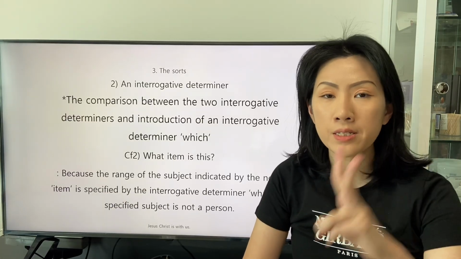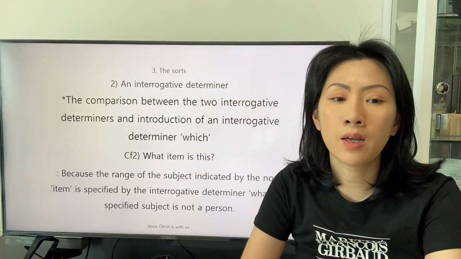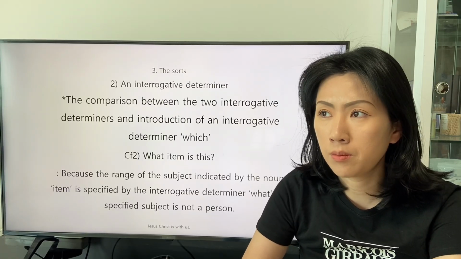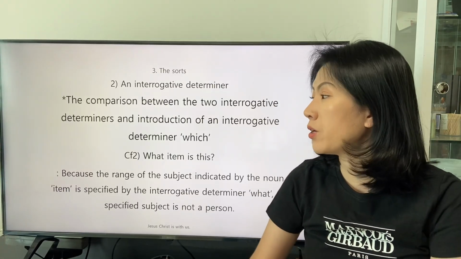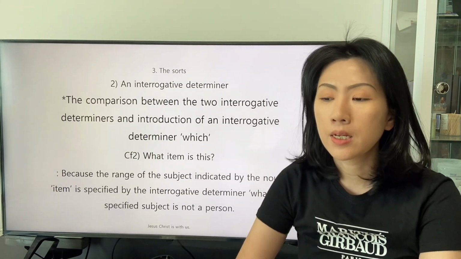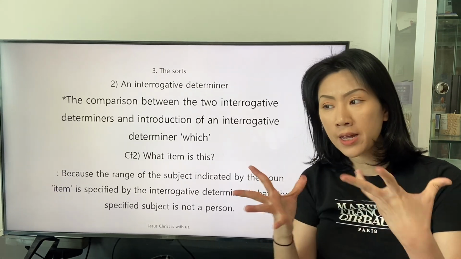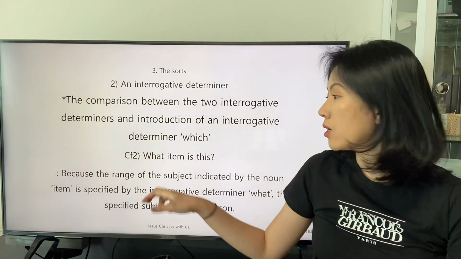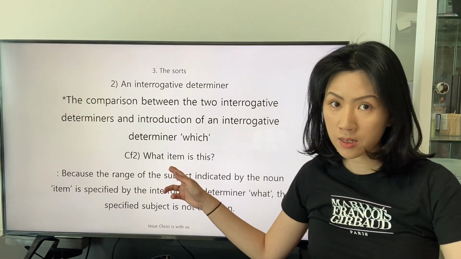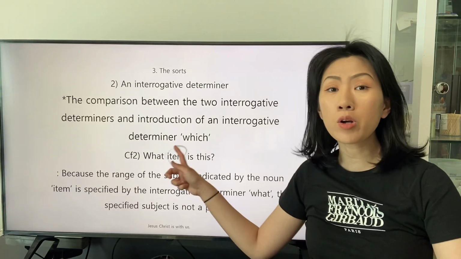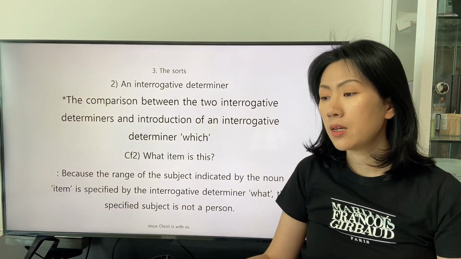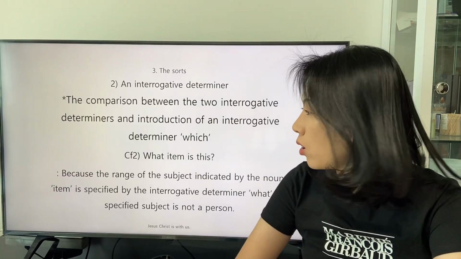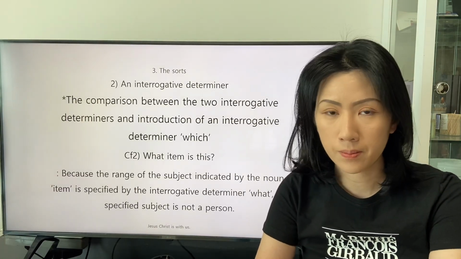The second conference is this. What item is this? Because the speaker who applies the interrogative determiner what applies it on the premise that the subject indicated by the general noun item indicates a subject that is not a person.